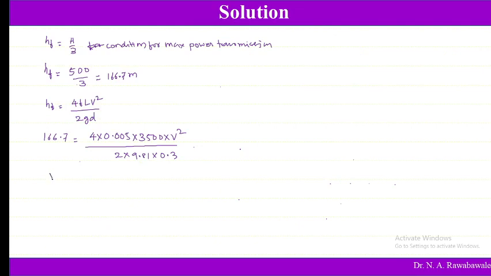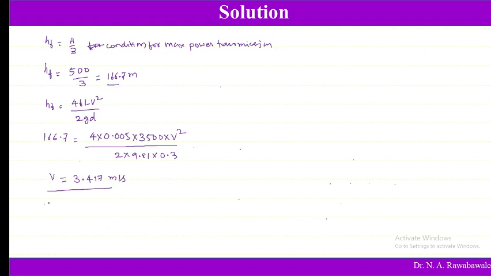So from this, on simplification, we get V is equal to 3.417 meters per second. So first we obtained hf, then from that hf we obtained v.